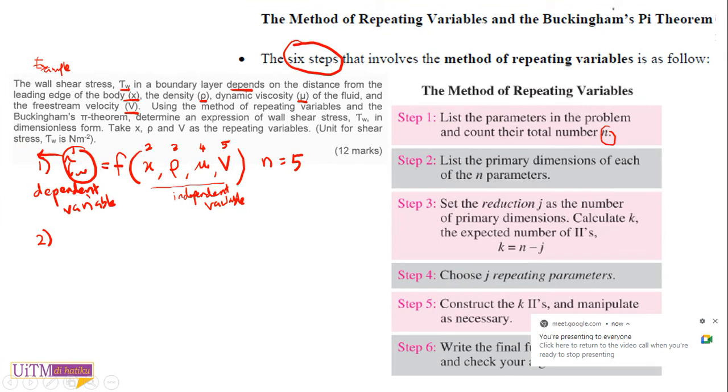The second one is to list the primary dimensions of each of the parameters. Let me ask you, what is the primary dimension? If you remember the first class, what do we want to list here in the second step? The primary dimension. Length, time.